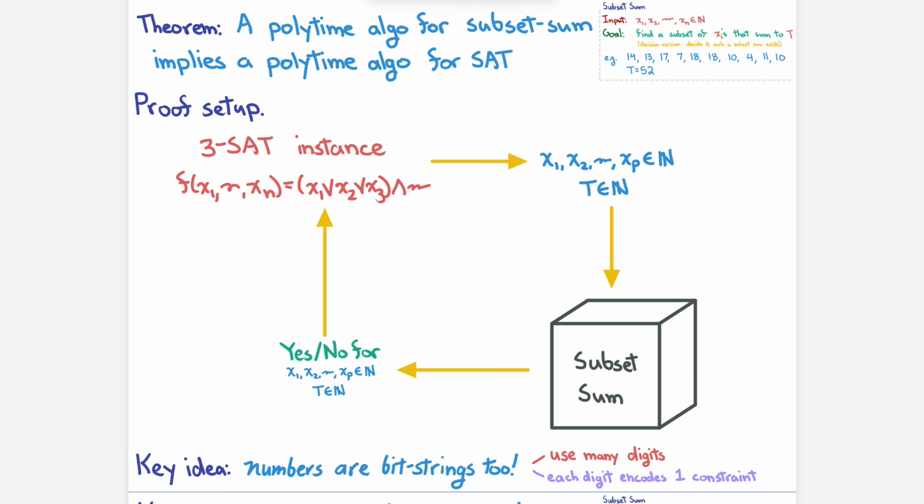And what we're going to do, we're going to be very clever. We're going to use many digits. If I have an n-variable SAT formula, I can create n-digit numbers, and that's fine. Each digit is going to encode one piece of logic, something that has to be satisfied, so that in the subset sum problem, we put it all together.